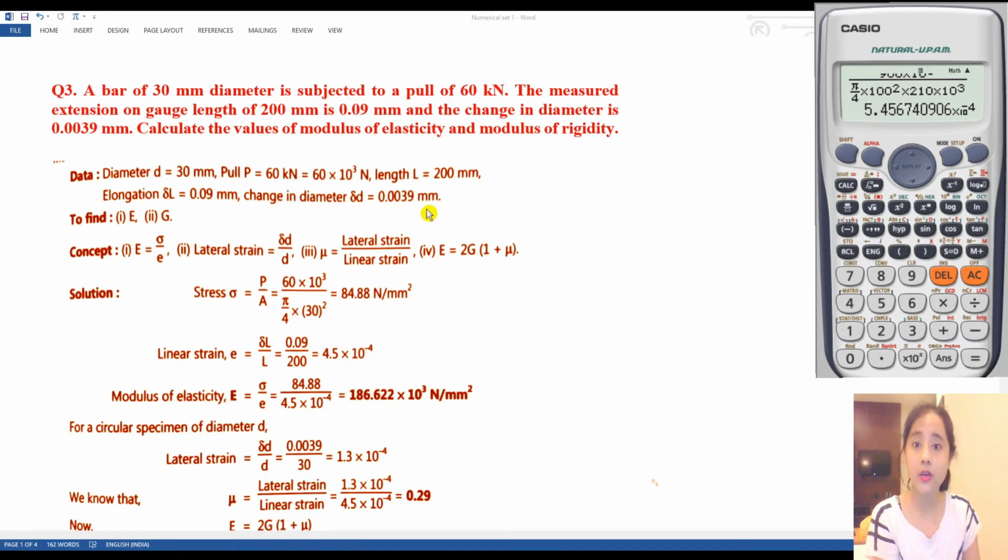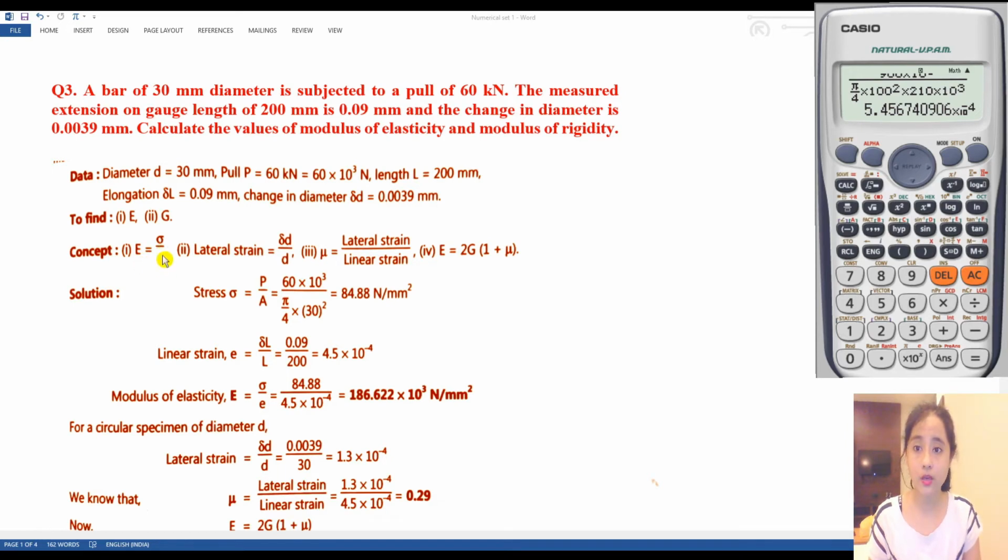Now from here we have to find E and G. We can find E with the help of its definition. Young's modulus is the ratio of stress by strain, right? So by definition, E is equals to stress by strain.